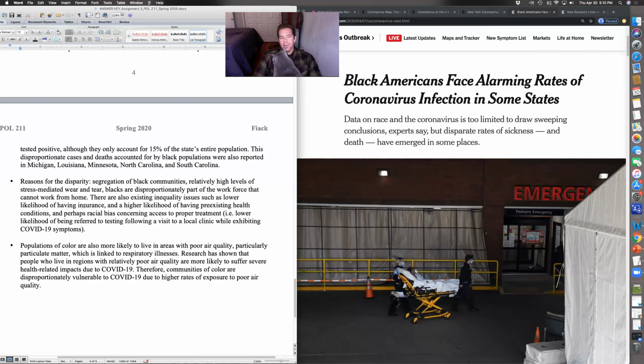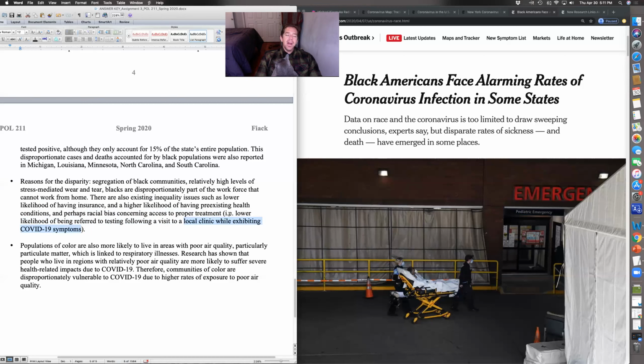You also have in this article talk of racial bias concerning proper treatment, which is sad, and it will be interesting to see where this data goes and what comes out of it. But some preliminary data is finding instances where a person of color, in particular a Black person, might go to a local clinic exhibiting COVID-19 symptoms, and perhaps there's some type of racial bias in terms of treatment.